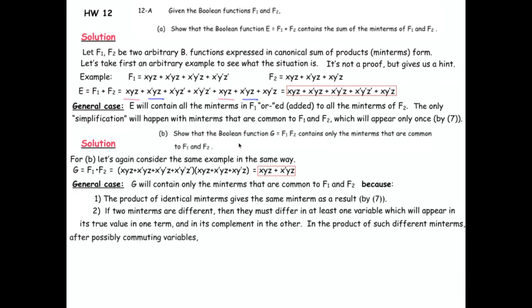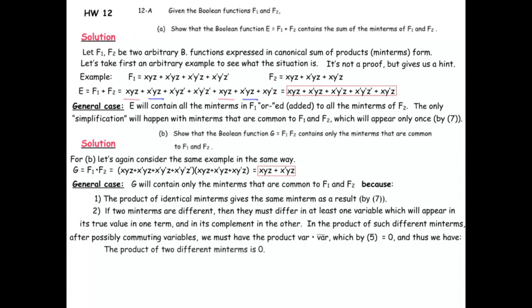In the product of such different minterms, after possibly commuting variables, meaning like here I have everything alphabetical, but in the real world it may not be, it doesn't matter in what order x, y, and z happen. Because of commutativity, we must have somewhere within each multiplication a true variable by its complement, which by rule 5 is 0.